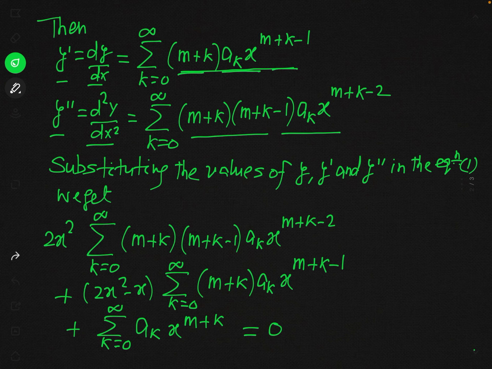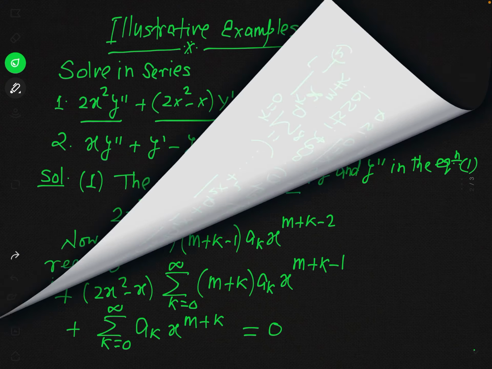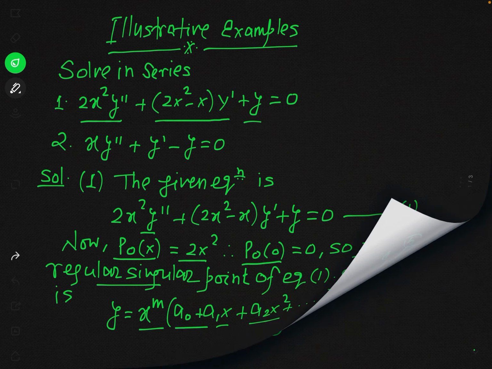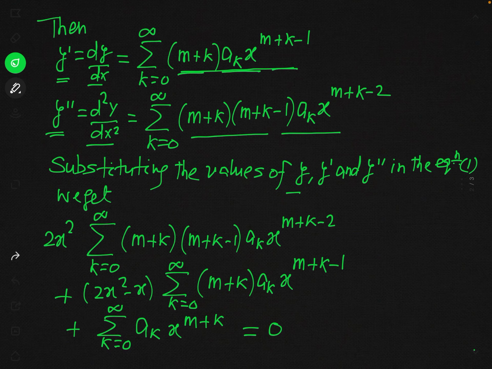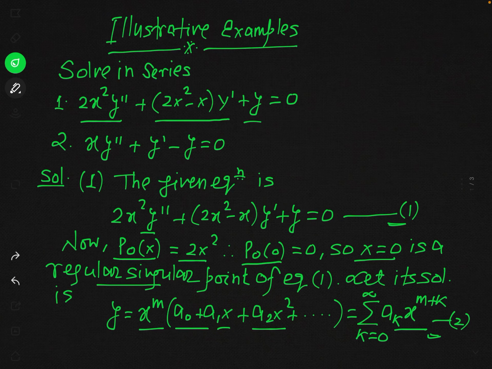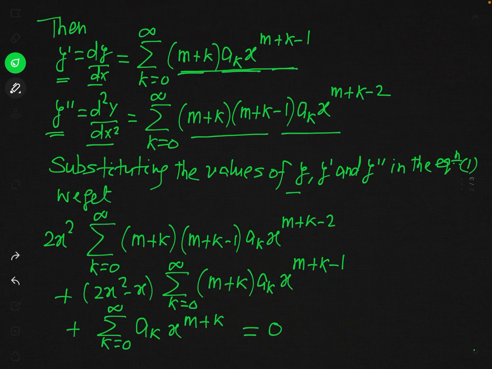You can do it. Now we will substitute the value of y, which is defined in equation 2, and y prime and y double prime, which we have obtained just now, in the given equation, equation 1. The equation is 2x square y double prime, and y double prime I have obtained here, so let us substitute the value of y double prime.